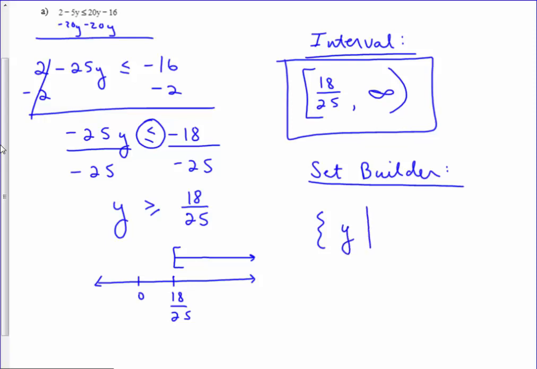You would write a vertical bar, that means "so that," and then you would write basically your end answer from where you solved the inequality. y is greater than or equal to 18 over 25, and then you close off the curly brace. The set builder notation is read: the set of all y so that y is greater than or equal to 18 over 25.